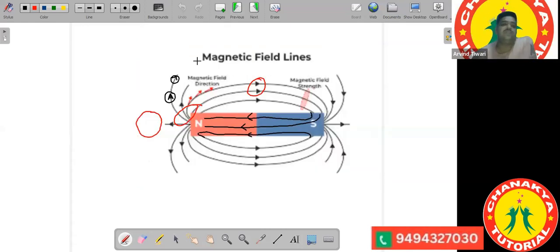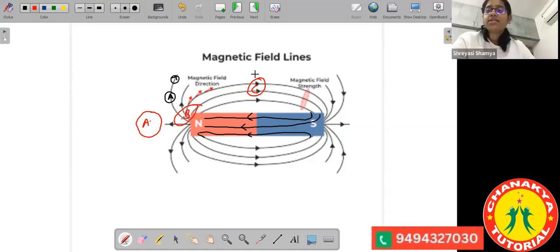What it means over here, suppose let's identify place A, place B, and place C. If I place an iron object in region A, another in B, and another in place C, at which place will it experience more force?